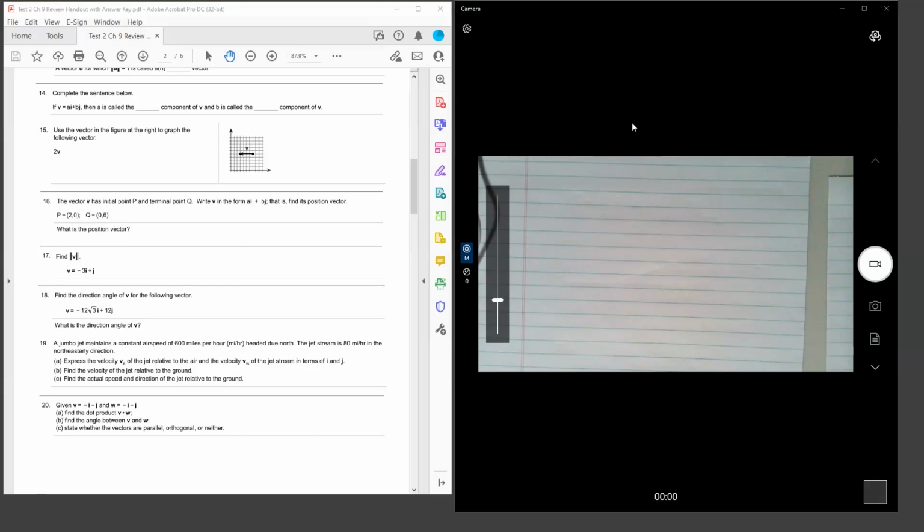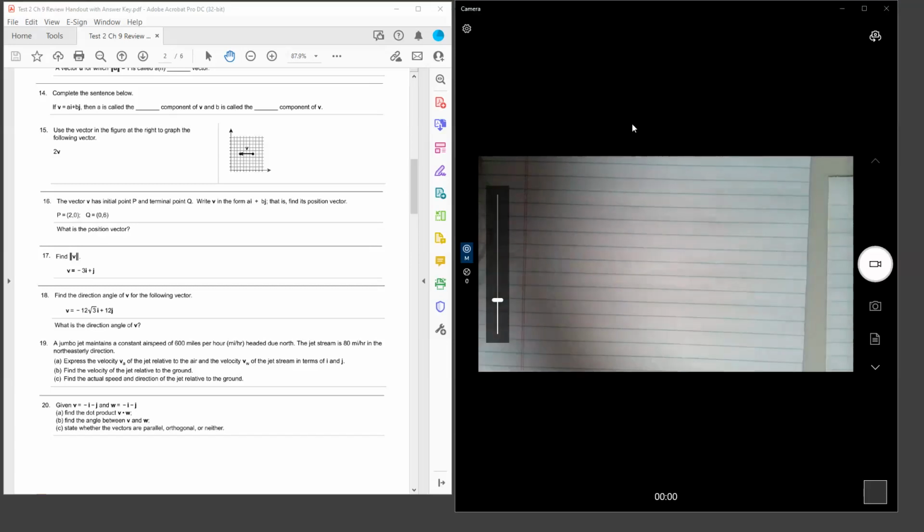Then they want us to find the actual velocity, so they want us to write a vector that represents where the aircraft is actually heading due to the fact that this wind is affecting its path. And once we have that vector, they want us to find the speed and in which direction the jet is actually going.